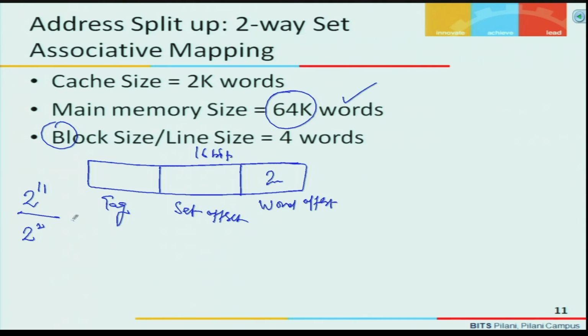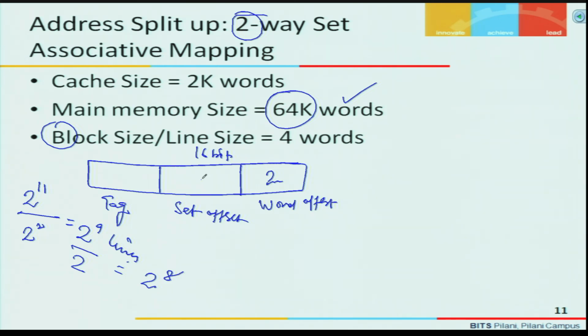So, this will give me 2 raised to the power 9 lines. Because it is a two-way set associative, each set contains 2 lines, so to get the number of sets I have to divide by 2. So, number of sets will be 2 raised to the power 8, means 256 sets are there.